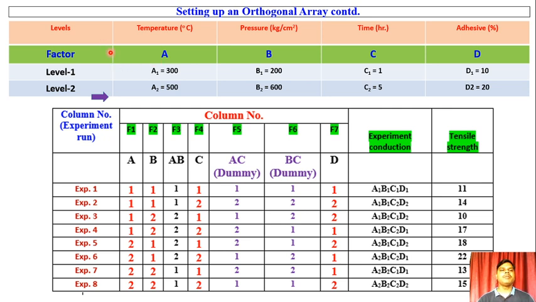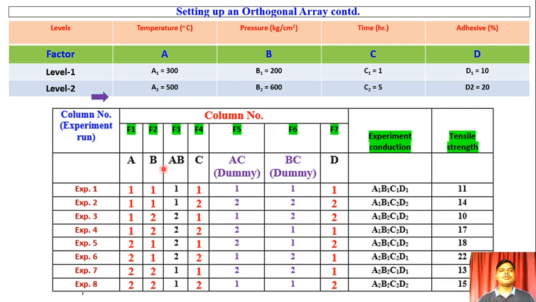From here we can see that the factors were A, B, C and D, and their lower levels, that is L1 representing level 1, A1 is 300, A2 is 500. Then B1, B2 is given, C1, C2 is given, D1, D2 is given. So put the levels here accordingly. I have marked here the factors 1 2 3 4 5 6 7.